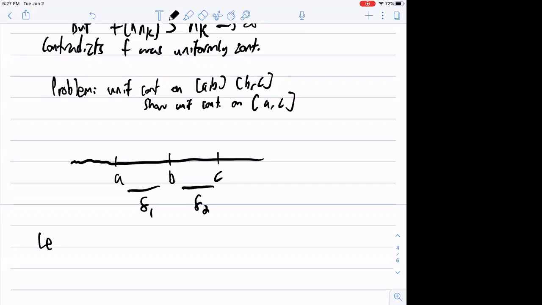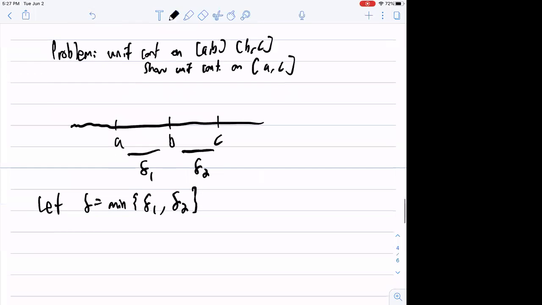So obviously you're gonna let delta be the minimum of delta 1 and delta 2. Let's denote this something else.